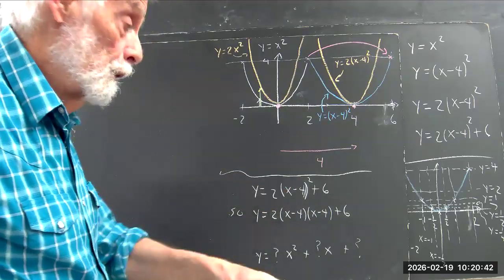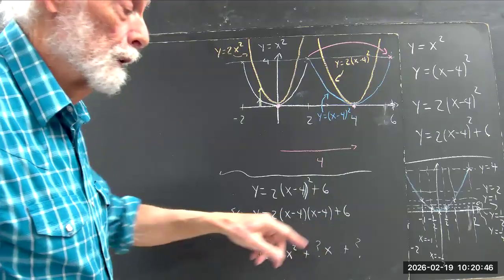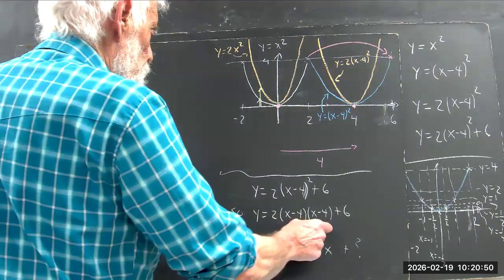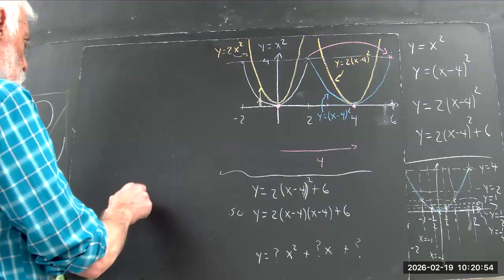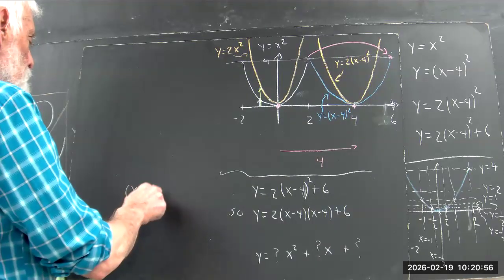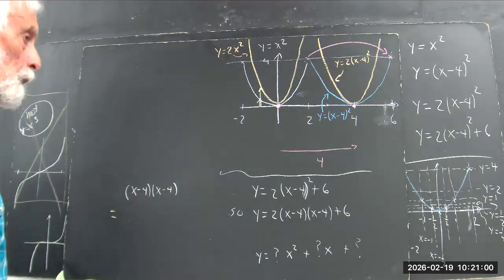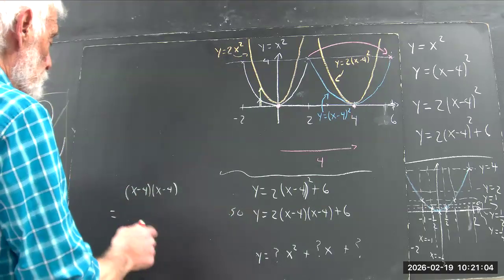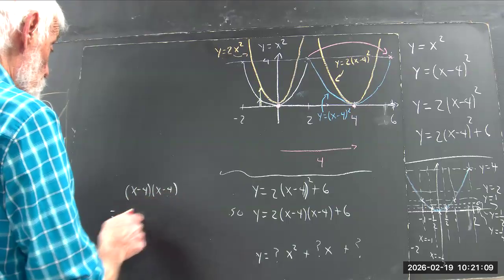Now, hopefully you've made your best attempt to expand this and hopefully you got it right. We'll see in a minute. But you might be hung up on x minus 4 times x minus 4. So let's just make a little note. What's x minus 4 times x minus 4? Well, x minus 4 times whatever is x times that whatever minus 4 times that whatever.